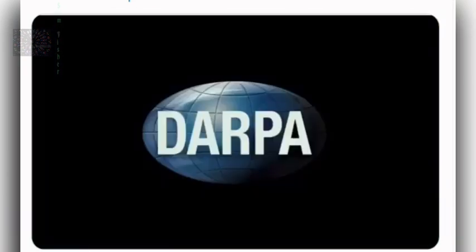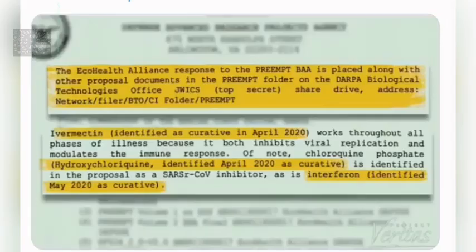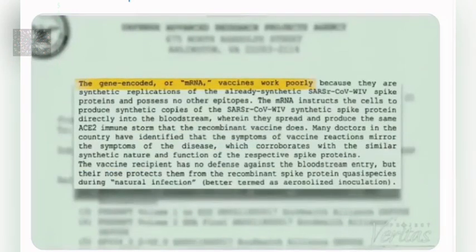And DARPA, the American research arm of the U.S. military, specifically knew and specifically recommended and passed the information on to the CDC that ivermectin in particular was the absolute number one product to be used in the event of a coronavirus pandemic.